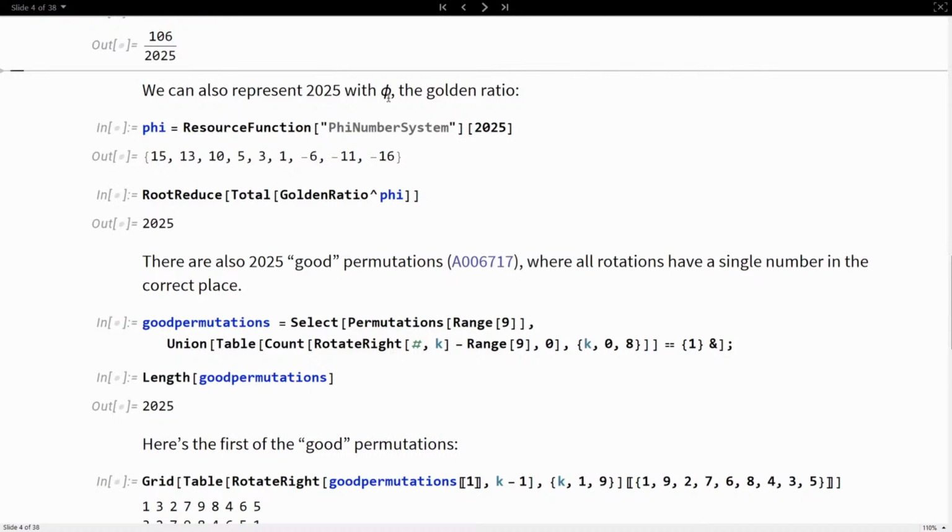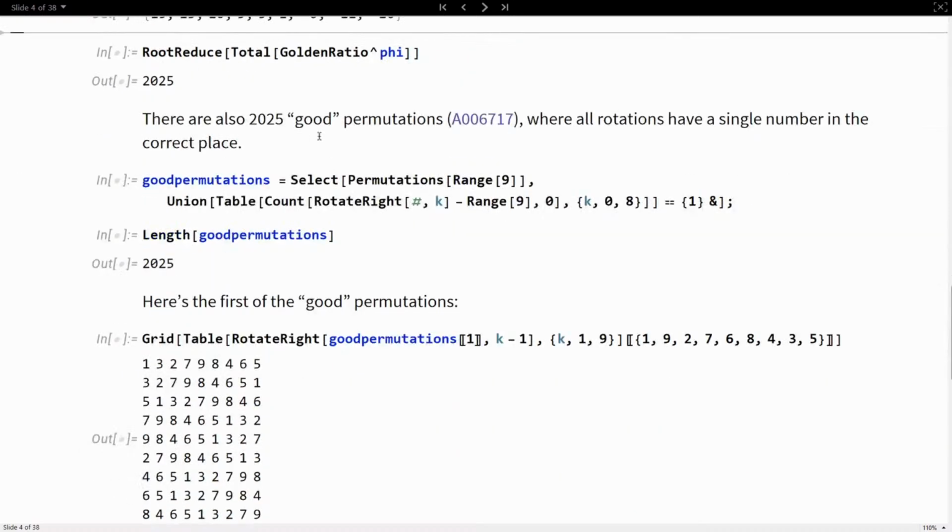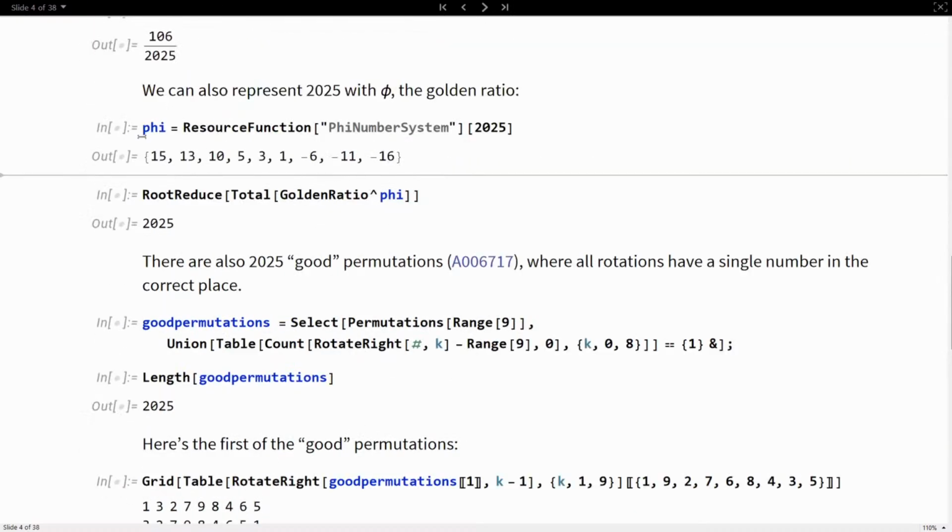We can also represent it in the Fibonacci number system like this. And when we raise these to the golden ratio and add them, we get 2025.